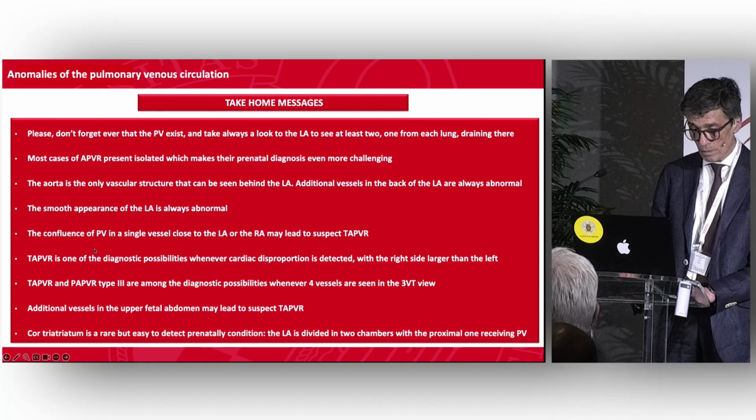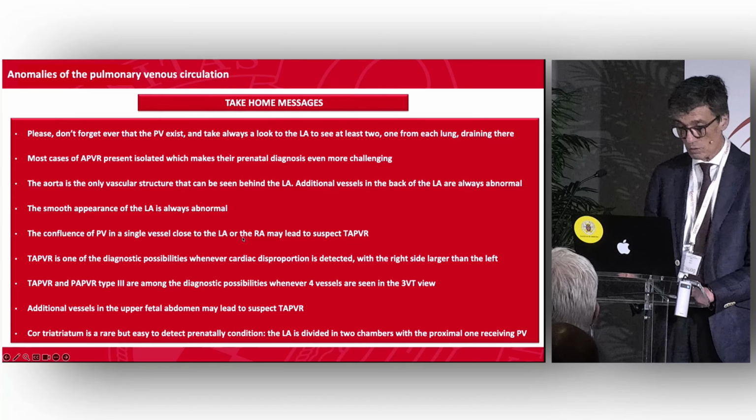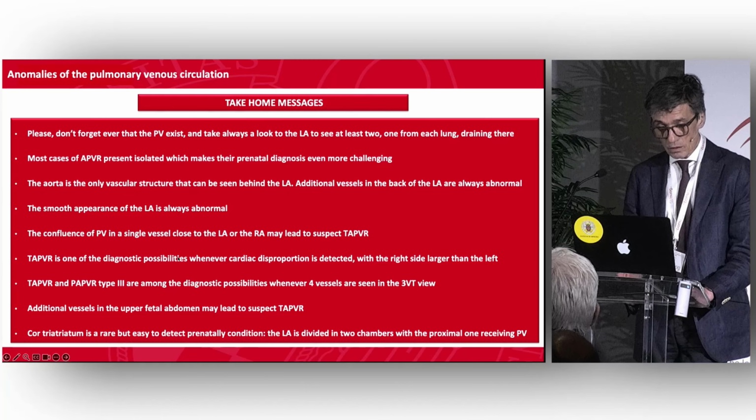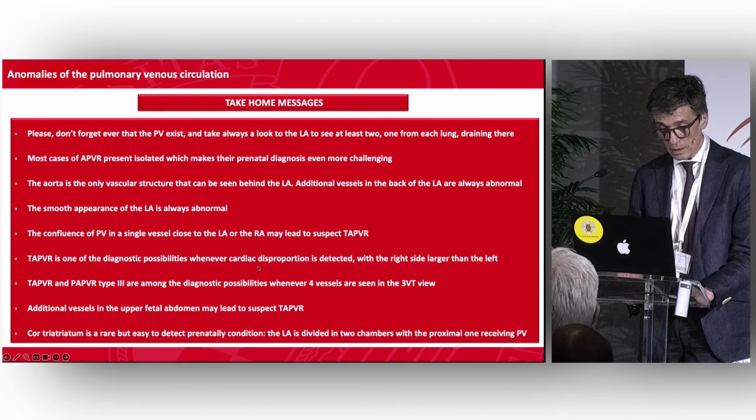The confluence of pulmonary veins in a single vessel close to the left atrium or the right atrium may lead to suspicion of totally abnormal pulmonary venous return. This condition is one of the diagnostic possibilities whenever cardiac disproportion is detected, with the right side larger than the left.